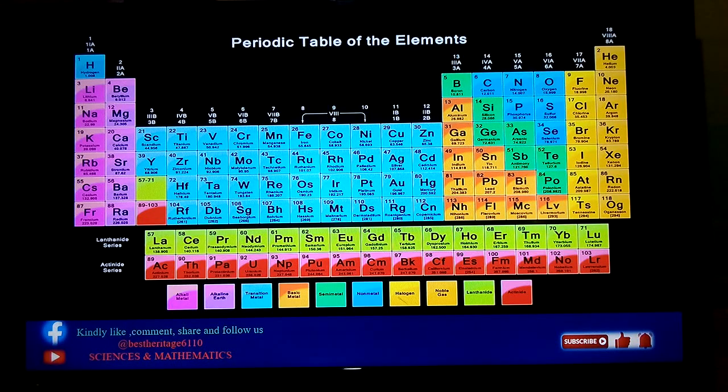Now, Henry Moseley mostly determined the atomic number of elements and organized them in order of increasing atomic number. Now, there was an earlier proposal by John Newlands. John Newlands had given a system that was based on increasing atomic mass.